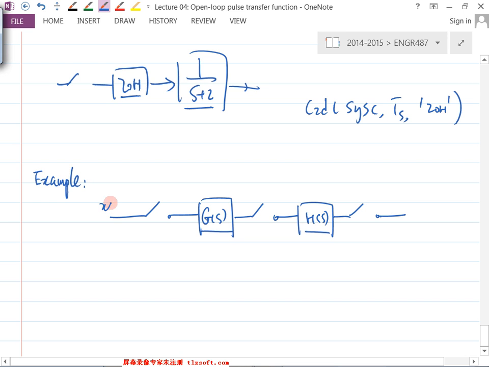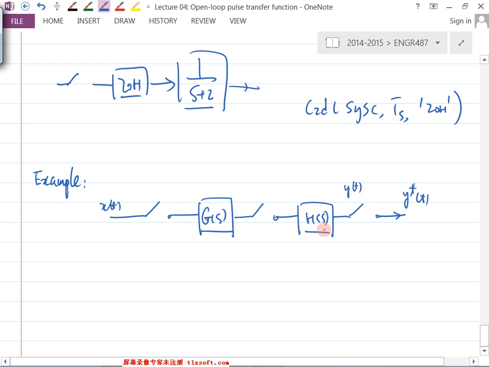We have input x of t, and we have output y of t, and this is what we call y star of t, right? So what's the difference now is basically you have one extra sampler and then one block here. So what would be the pulse transfer function for this open loop system?